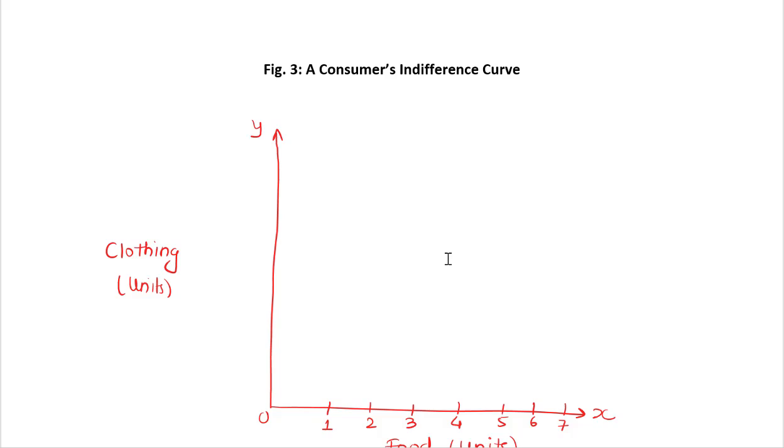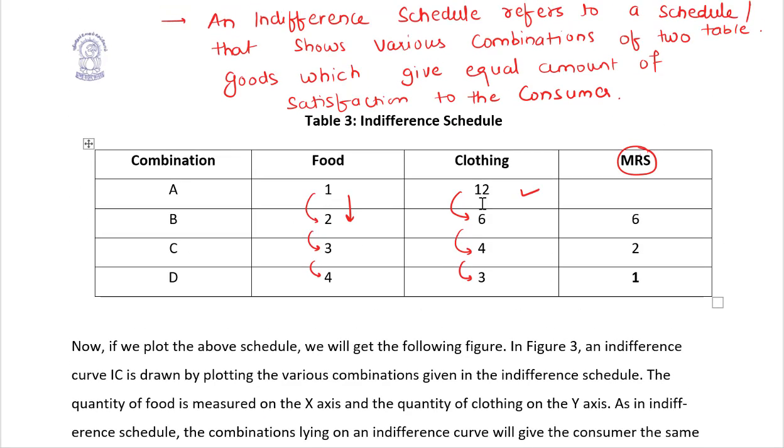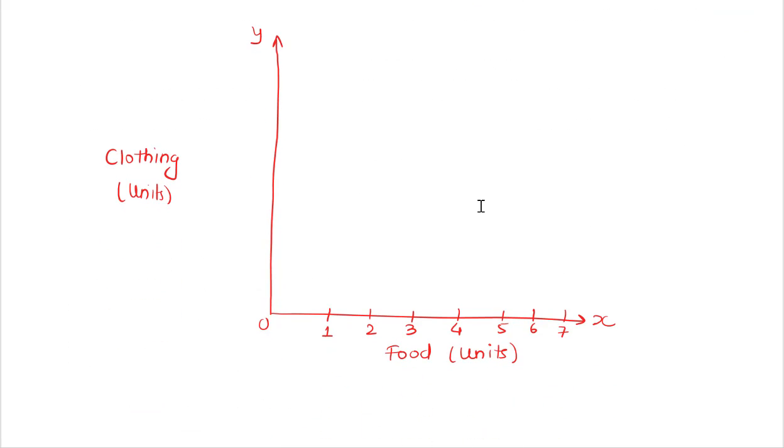On 1 unit of food, we have 12 units of clothing. So over here we are showing 12 on the top, 10, 8, 6, 4, 2, and 0 obviously.